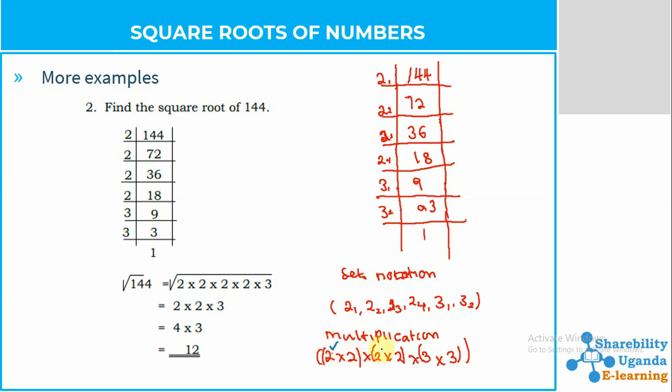For example, if we pick a 2 here, and we also pick a 2 here, then we also pick our 3 here.